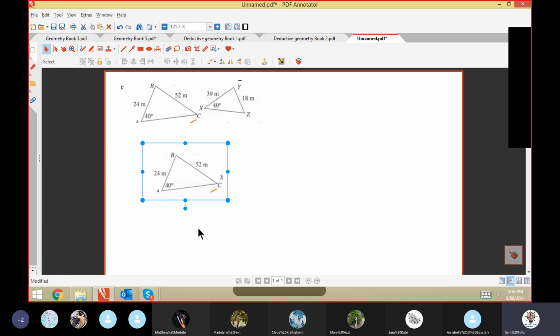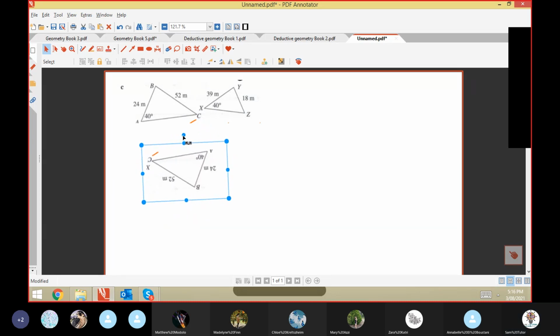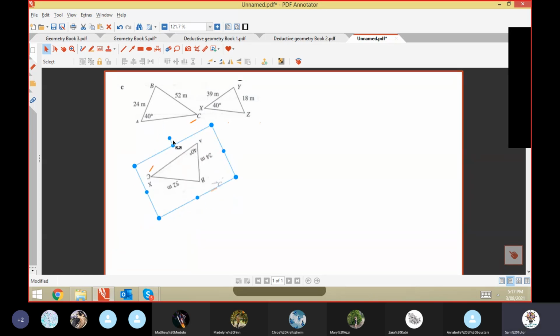All right. Let's see. If I rotate this and try to make it look like the XYZ, I guess there it is. No, it's not a rotation. It's a flip. But how do I show you guys that flip? If I go like this.